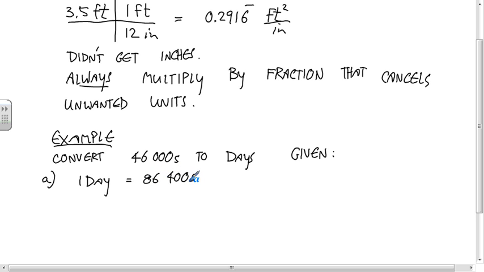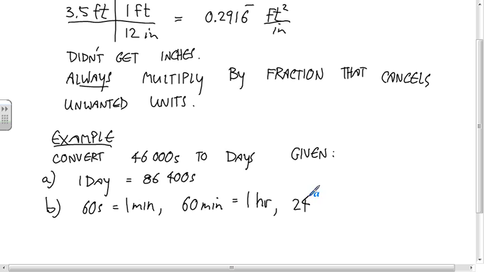But then after we do it this way, which really is just the same as the example I did up here, the second way I'm going to do it is I'm going to say, well, I don't know how many seconds there are in a day, but I do know that there are 60 seconds in 1 minute. And I know that there are 60 minutes in an hour. And I know that there are 24 hours in a day.